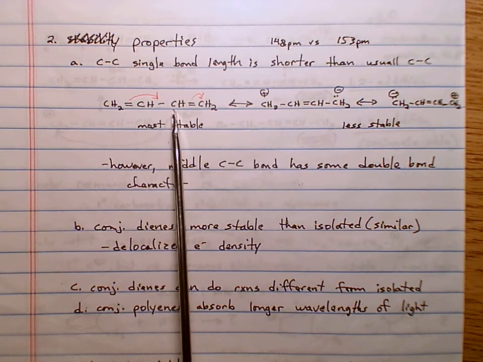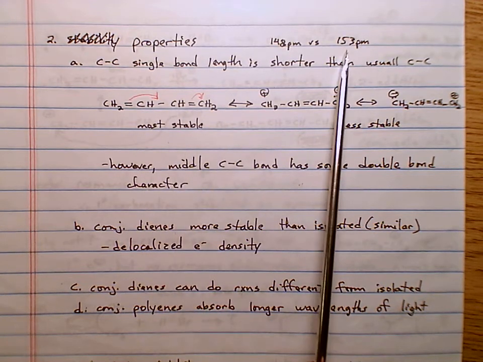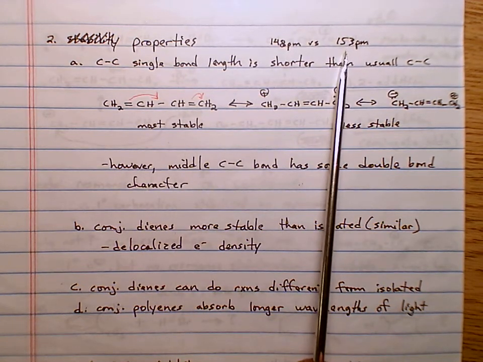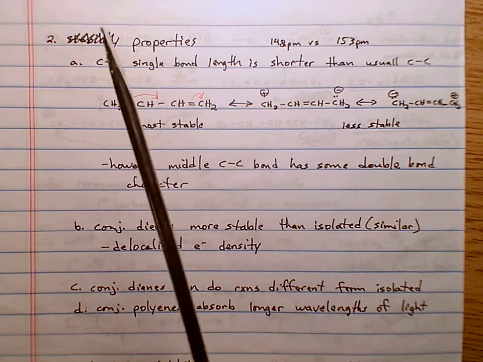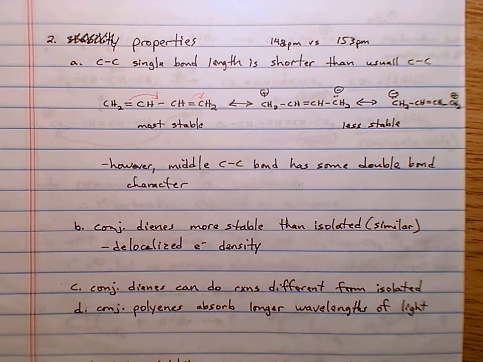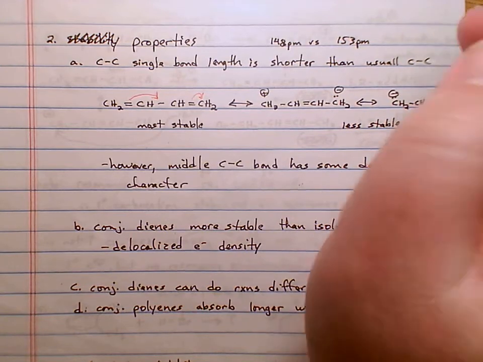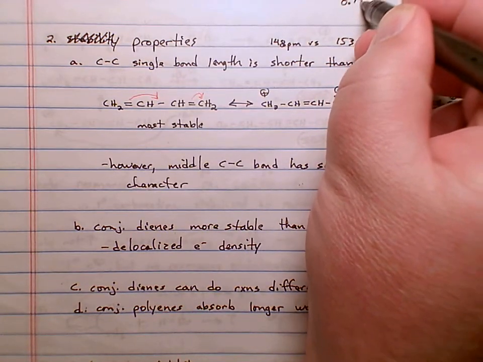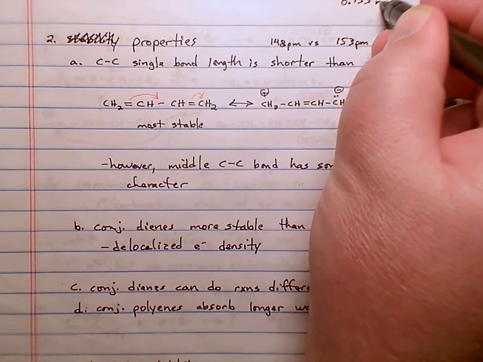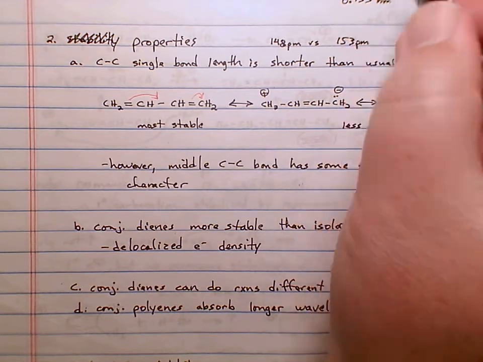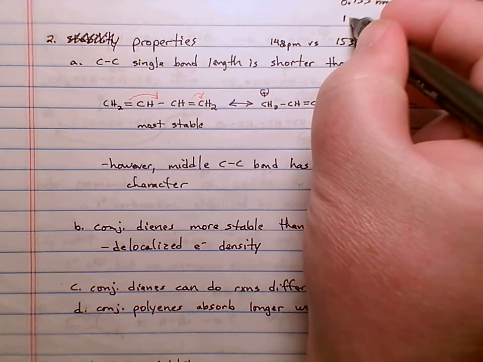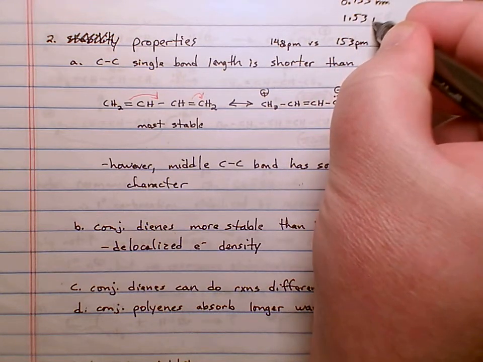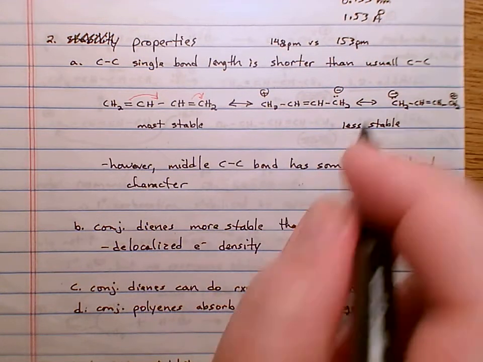A normal carbon-carbon single bond is 153 picometers. Let's remember our measurements. 153 picometers, that is 0.153 nanometers, or what I like to go by, 1.53 angstroms.